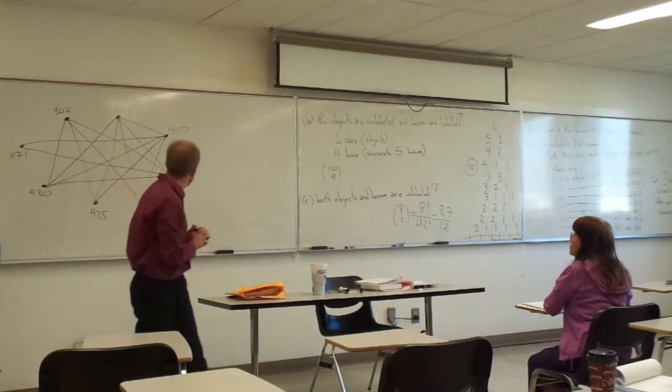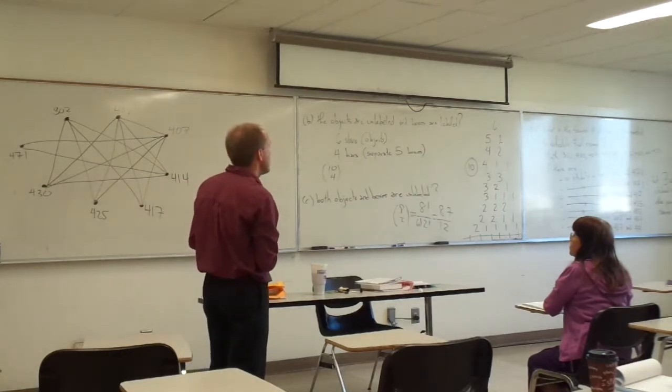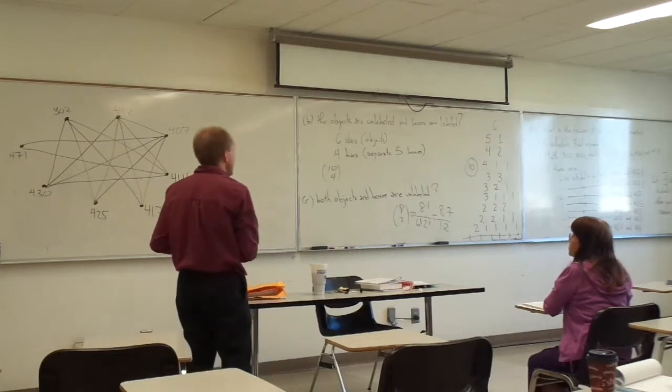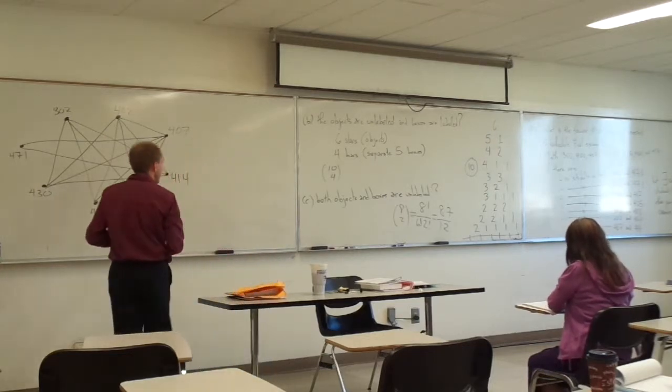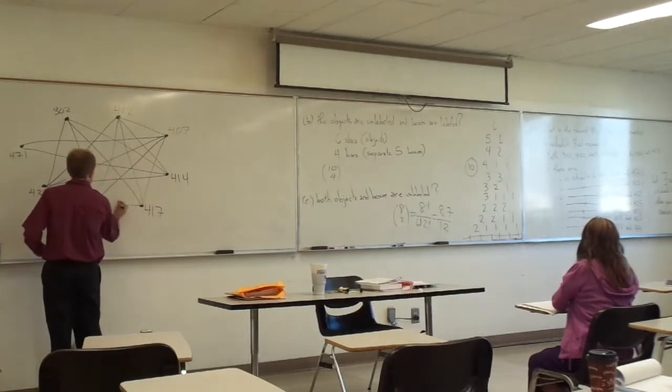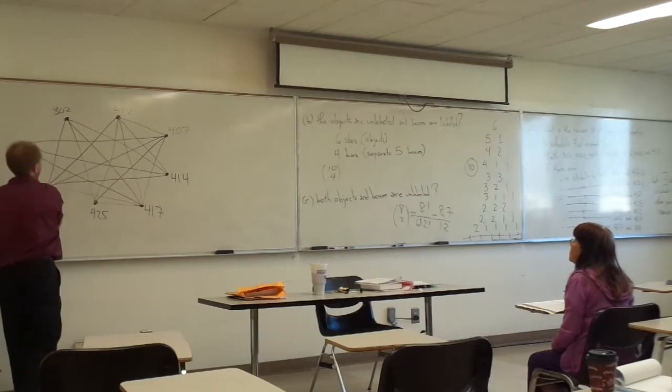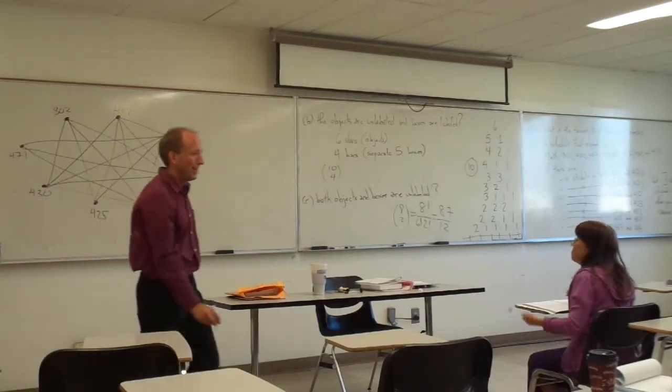So that was 414. So with 417, where does that appear over there? Only with 414. So it has to be connected to everything after it, right? So 425, 430, and 471. It's a messy graph.